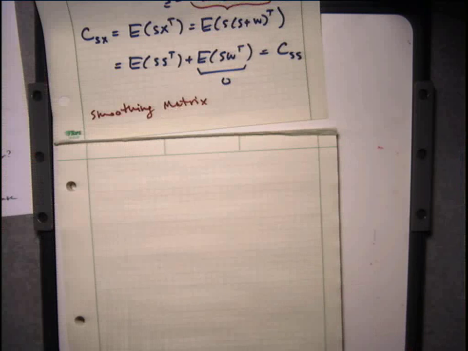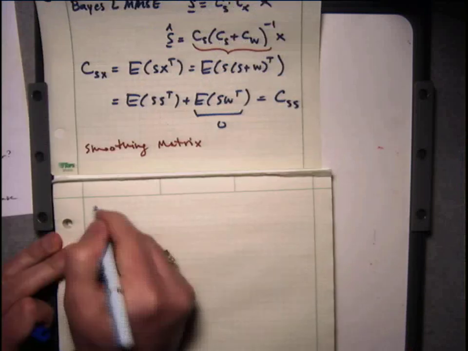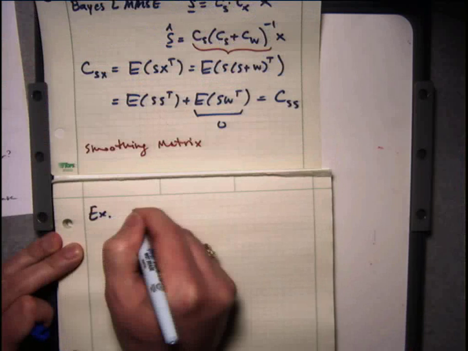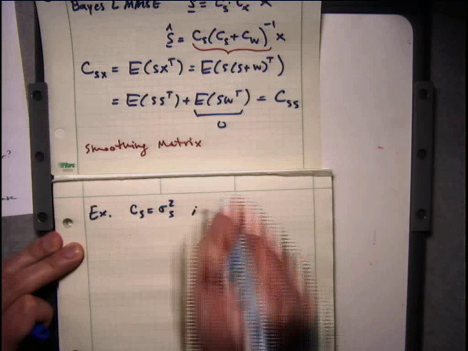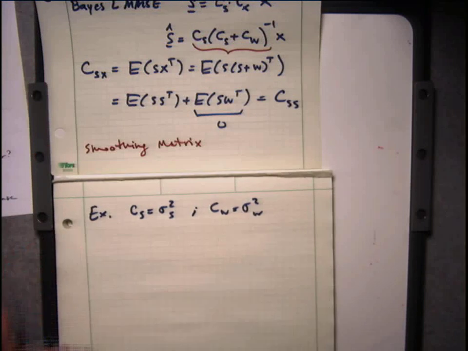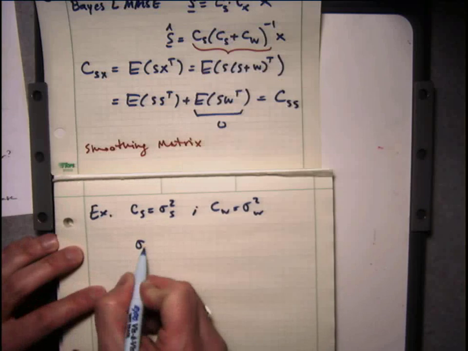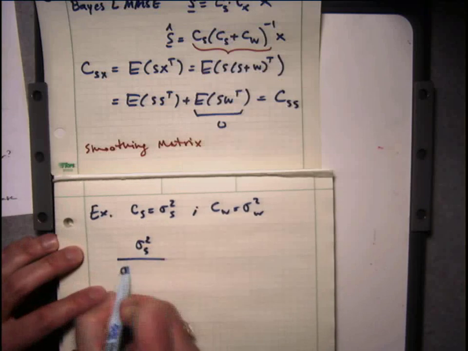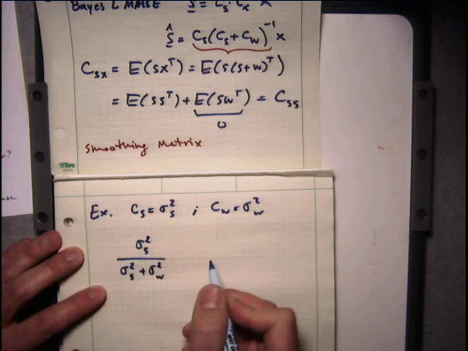Okay, again, this is not a general result, it's just an example that I'm using. So as an example, let's say CS is just sigma squared S. And let's say CW is just sigma squared W, right? Okay, so this matrix here would be like sigma squared S divided by sigma squared S plus sigma squared W. Okay.